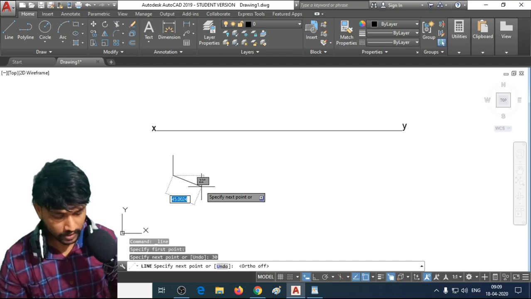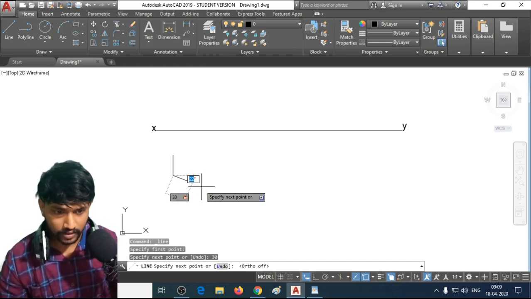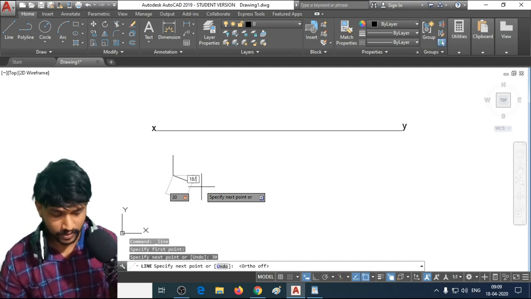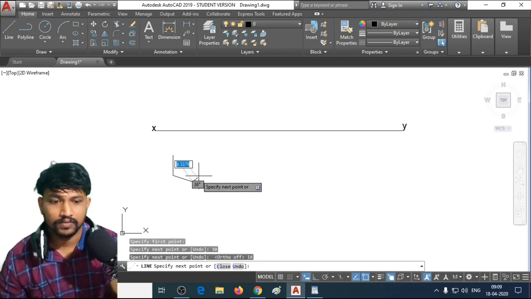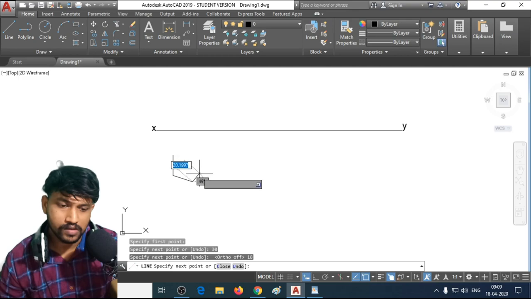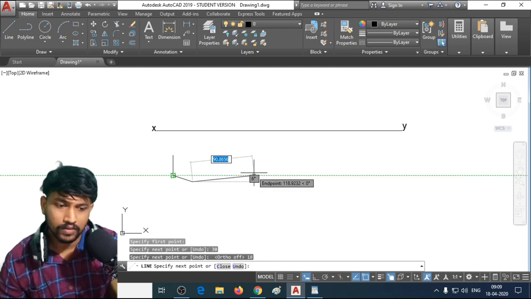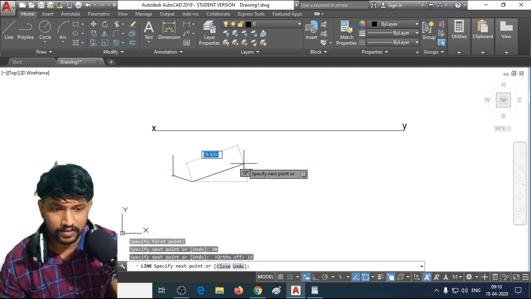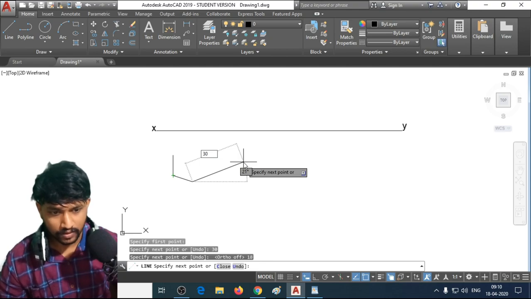An angle of 18 degrees should be there, so 30 and this angle must be 18, and it has to make another 18 degrees, 30 and 18.